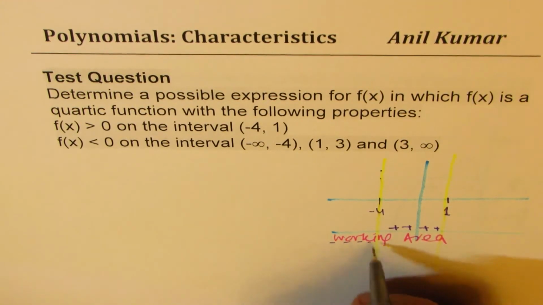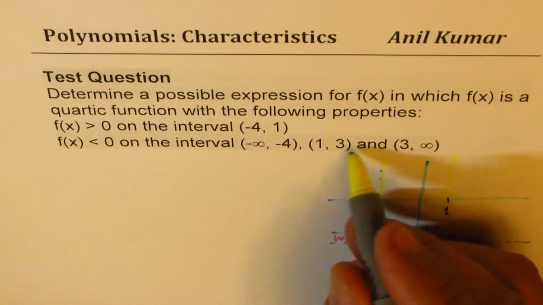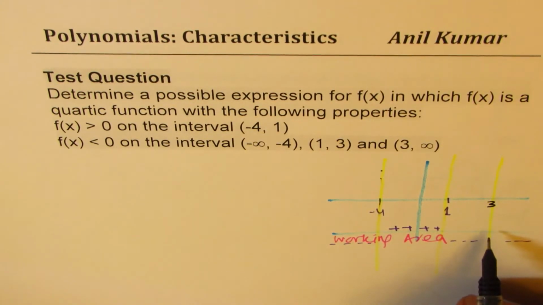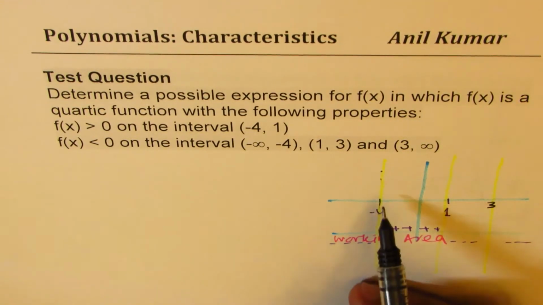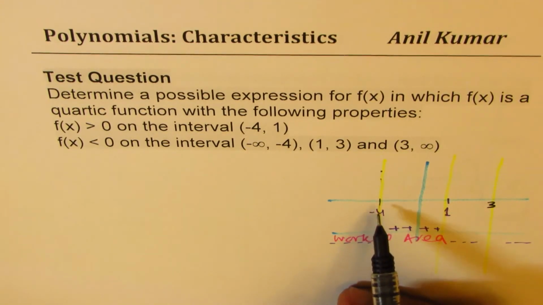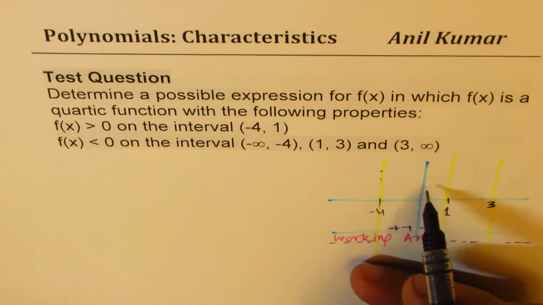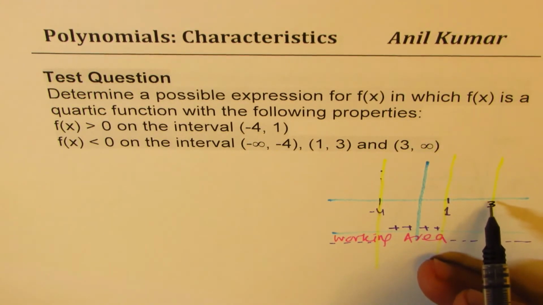So it is negative here, here, here. But there is a critical point, which is at 3. We'll show it like this, saying that this is 3, and at 3, it is negative. Okay. Now, can you determine the possible expression? It gives you an idea that the sign changes from negative to positive, that is, the function is kind of here and it goes up, and it comes down, but it has to change or do something at 3 also.